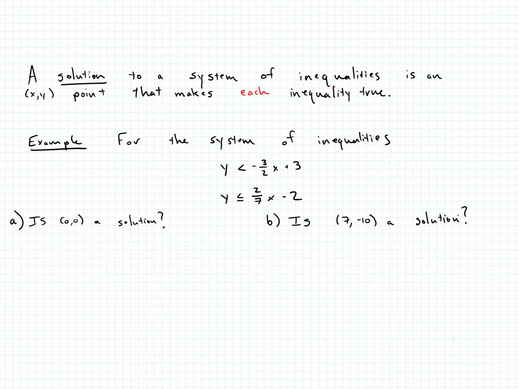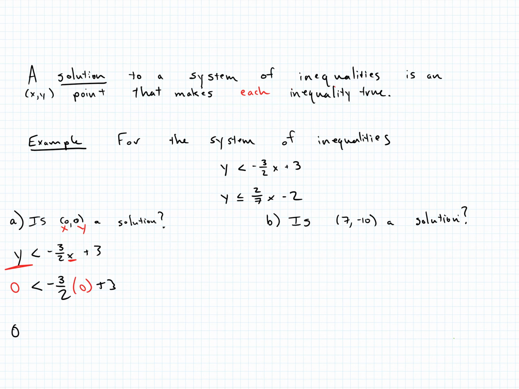So let's start with part A. Here's what we're going to do. We're going to take our first inequality listed, y less than negative 3 over 2 x plus 3. Then we're going to take our point as an x-coordinate and a y-coordinate. So we're going to replace the x-coordinate and the y-coordinate with 0 and 0. So this becomes 0 is less than negative 3 over 2 multiplied by 0 plus 3, because x and y were 0.